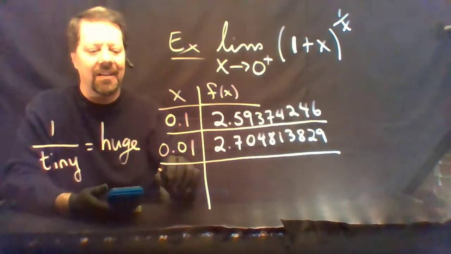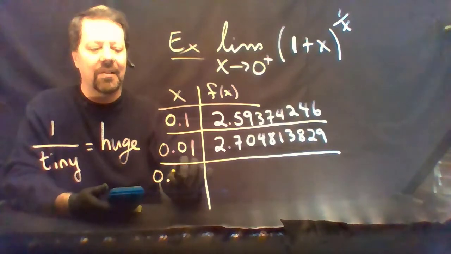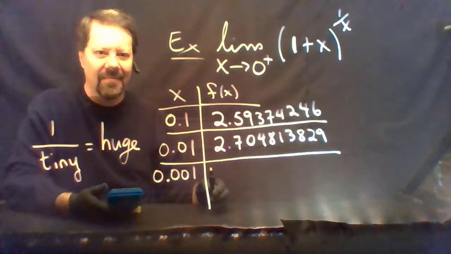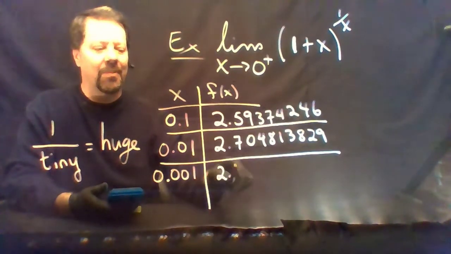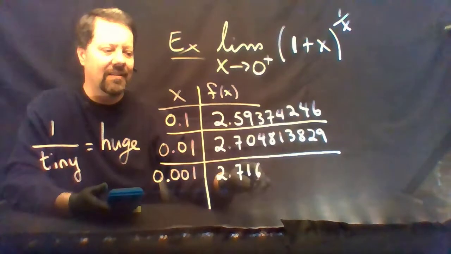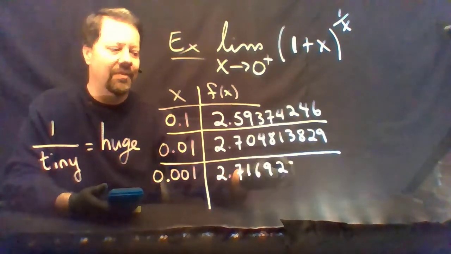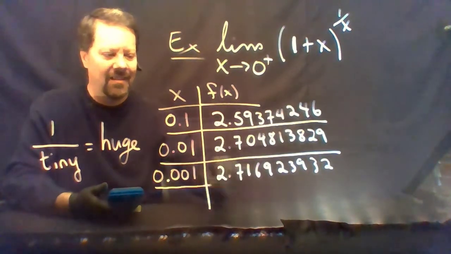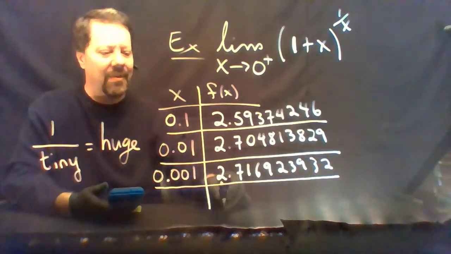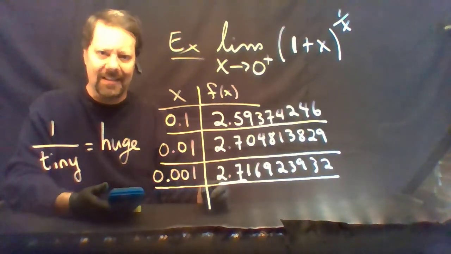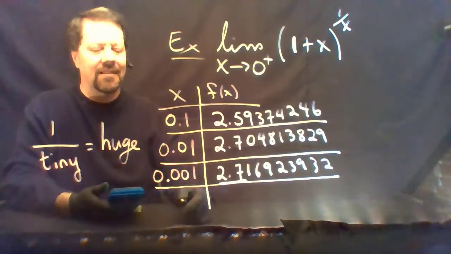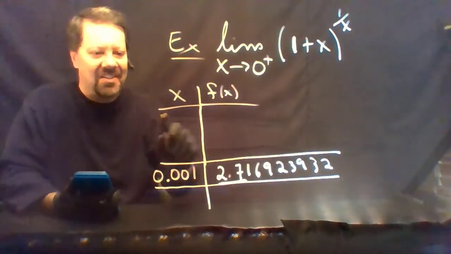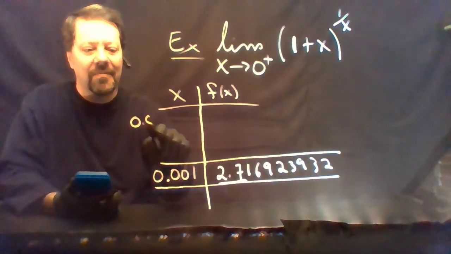Let's try even smaller numbers, closer to 0. 1/1000th. Here we go. 2.716923932. You can see now we have this 2.7 staying the same. Let's try something even closer.